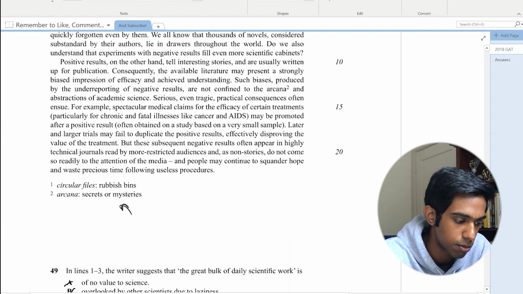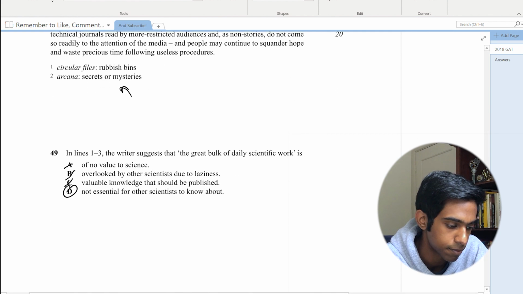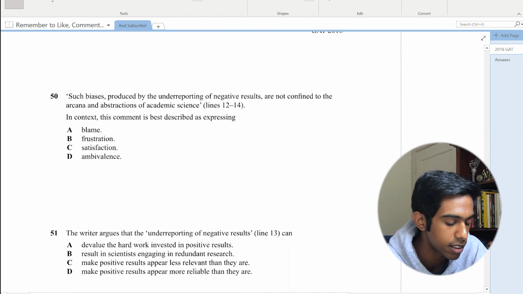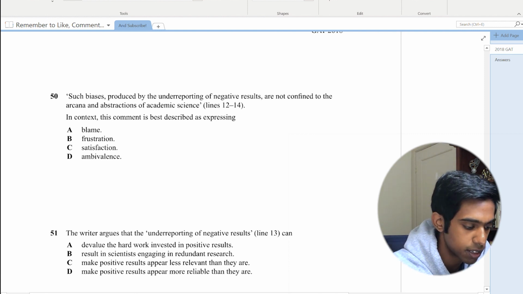Such biases are not confined to the arcana and abstractions of academic science. So they're not confined to the secrets or mysteries and abstractions of academic science. So I think in this context, he is expressing frustration that it's occurring in other places.